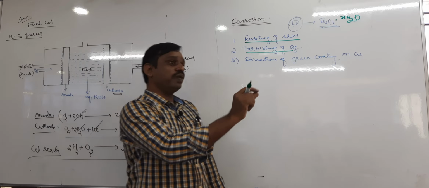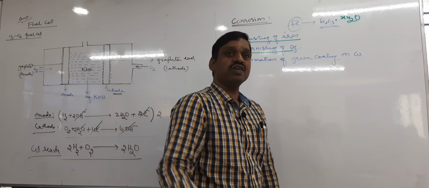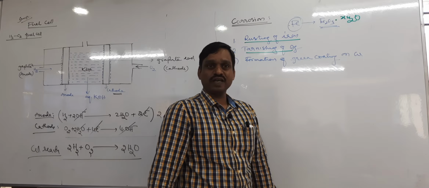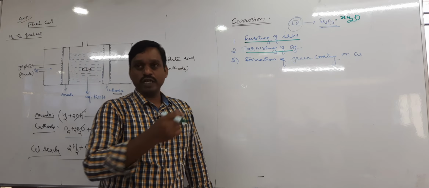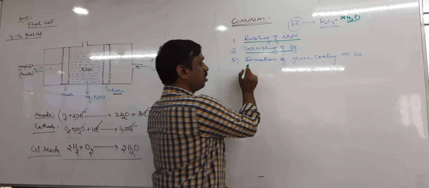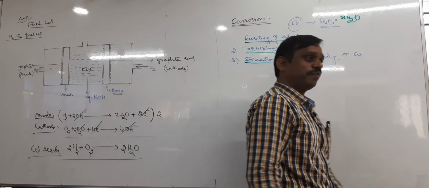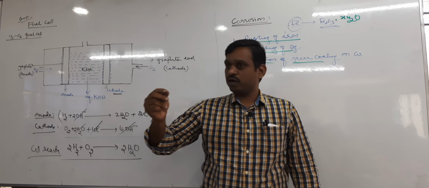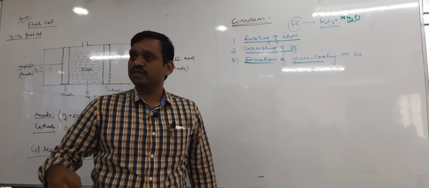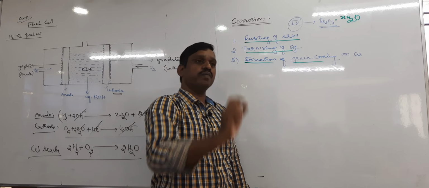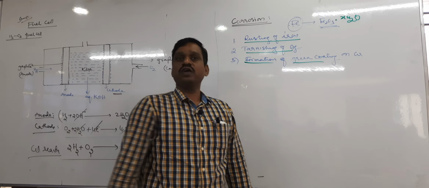The formation of this black coating is called tarnishing. So tarnishing of silver is also corrosion. And one more is the formation of green coating on copper. When copper wire is used for a long time, a green coating is formed. That is also one kind of corrosion.